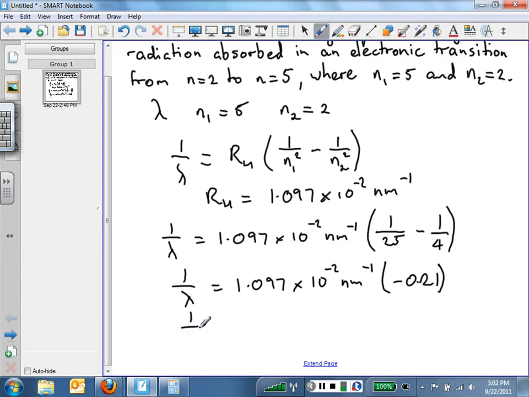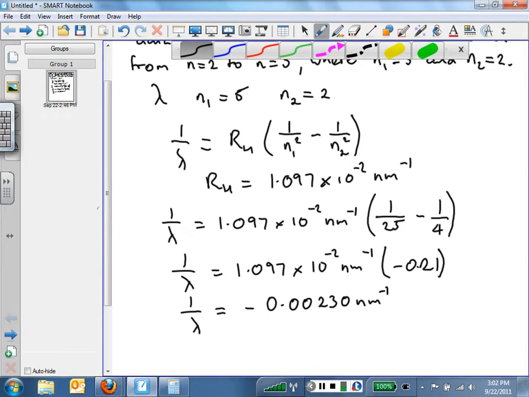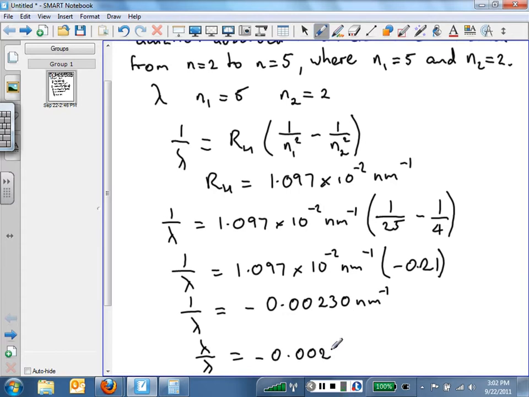Going further, we get this. Multiplying by lambda on both sides, we get lambda over lambda is equal to negative 0.00230 per nanometer times lambda.